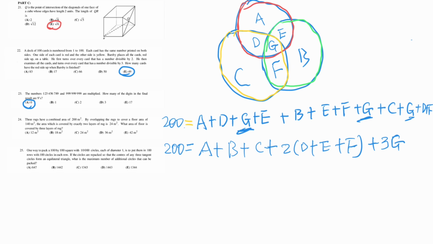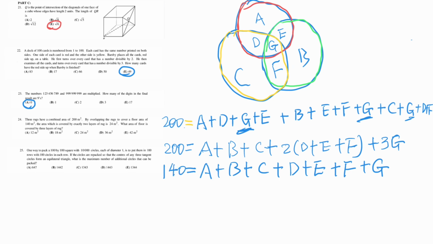That's the first given. Now another one is by overlapping the rocks cover a floor area of 140. What's the 140? That's the total area covered. That's A plus B plus C plus D plus E plus F plus G. That's total 140. That's the second given.